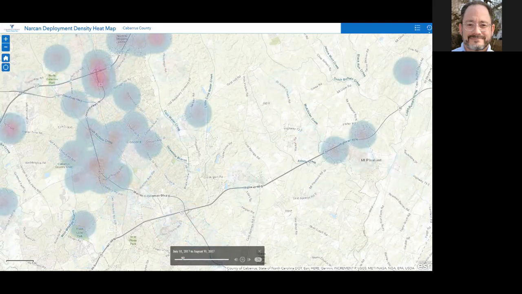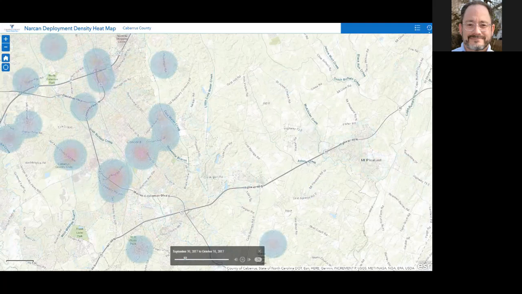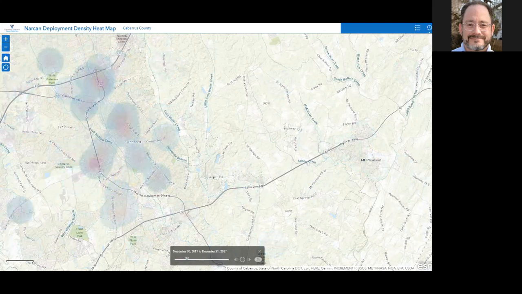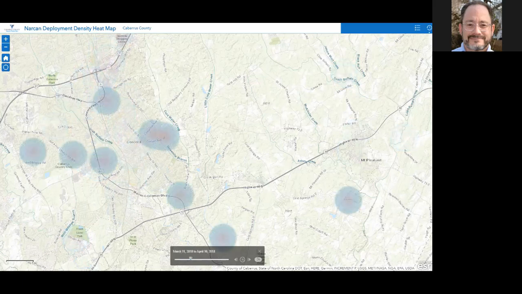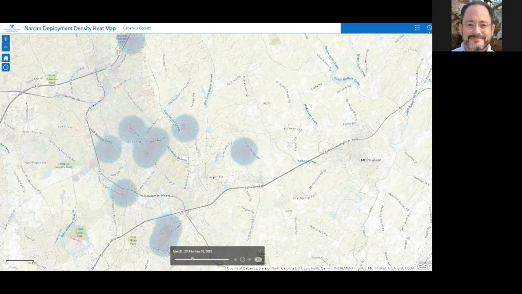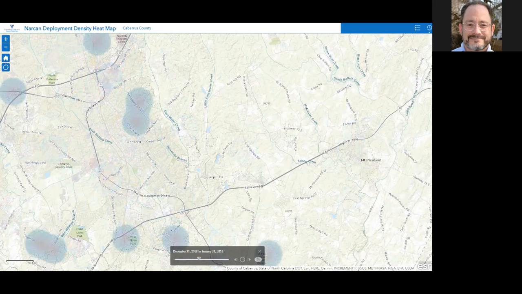Narcan is deployed by EMTs when they respond to an overdose call. So by showing where Narcan was deployed, it's showing where the overdoses are happening.